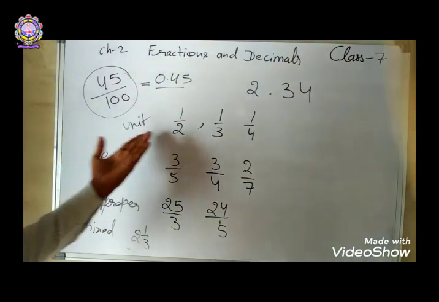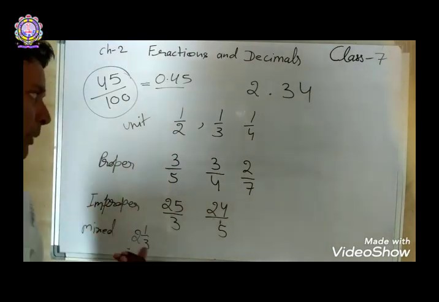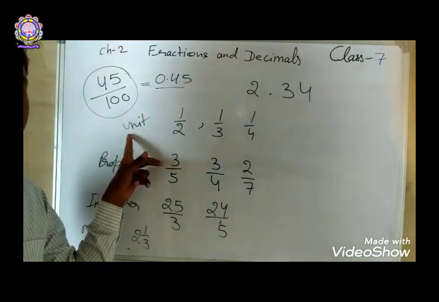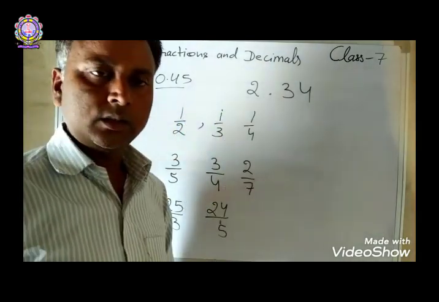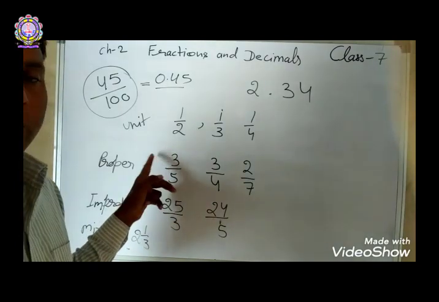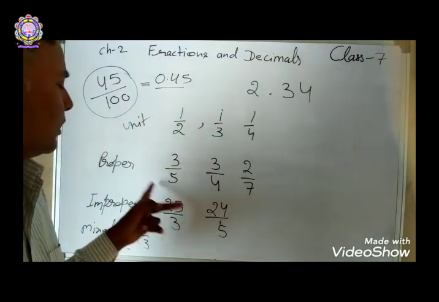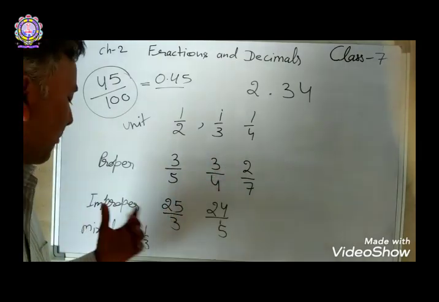And you also learned unit fractions, proper fractions, improper fractions and mixed fractions. A fraction whose numerator is 1 is called a unit fraction. A fraction whose numerator is smaller than the denominator is called a proper fraction, like 3/5, 3/4, 2/7.